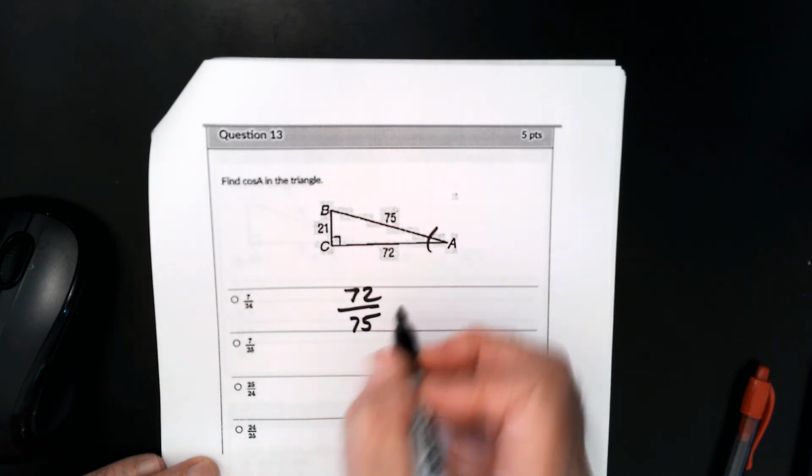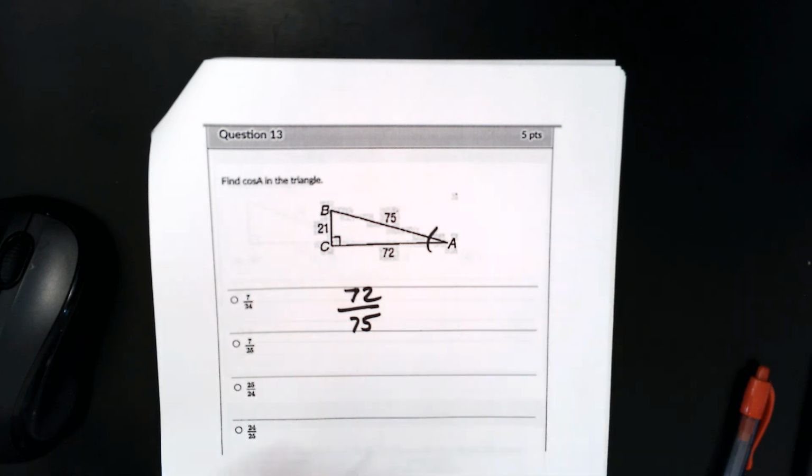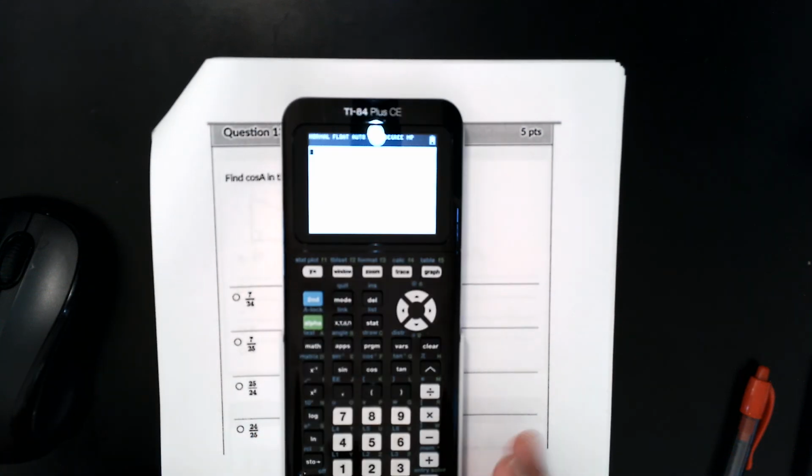Well, I don't see that there, so that must mean that they can reduce. So I'm going to, rather than try to hurt my head figuring it out, type in 72 over 75 and hit enter. Y'all can't see that, but trust me.